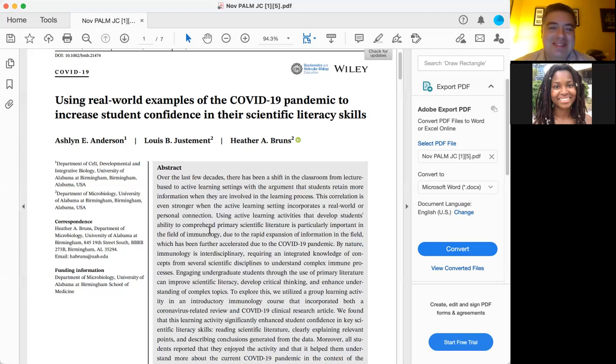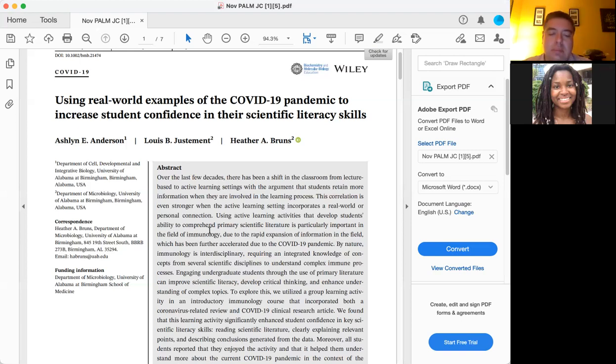Y'all are great. And so I definitely noticed that with this article, all the students were in the immunology undergraduate program. So I think there's already a level of commitment that the students have made.